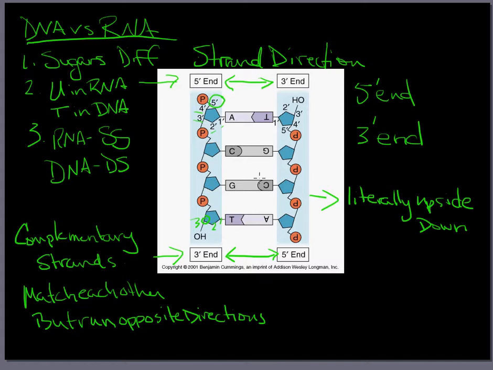So those are some major differences between the molecules themselves. And again, just wanted you to get an idea of the organics in terms of the sugar, in terms of the phosphate group, in terms of what a nitrogen base looks like, and the directional because of the sugar carbons. That's really what we want to accomplish here now in terms of DNA versus RNA.